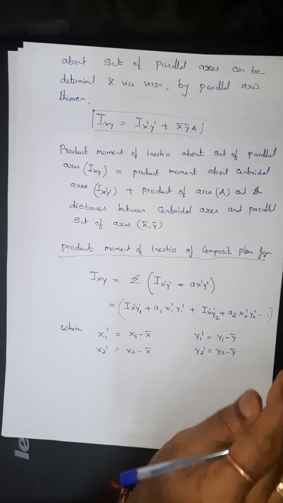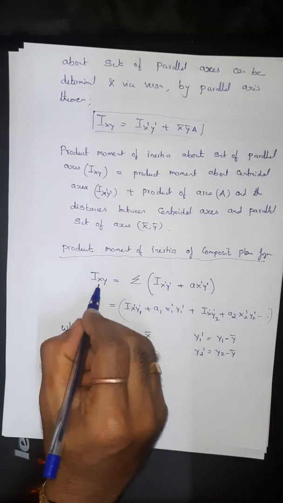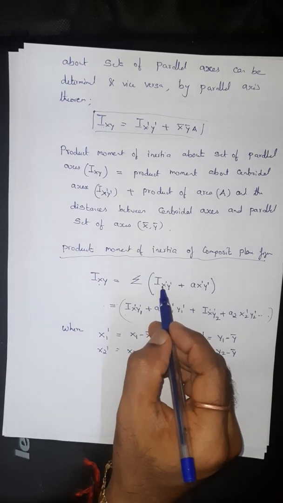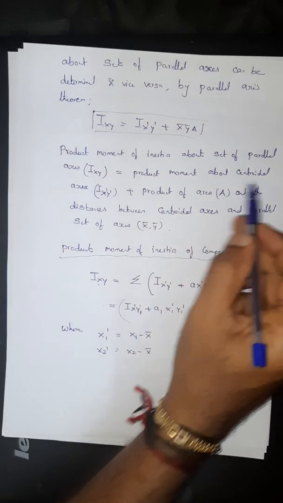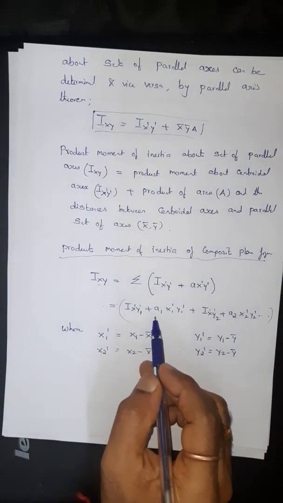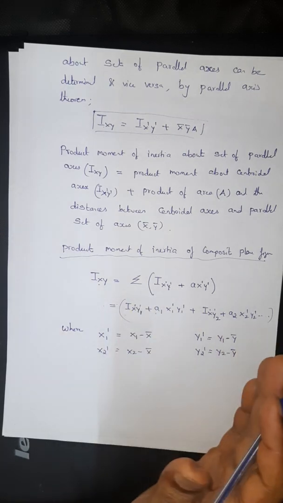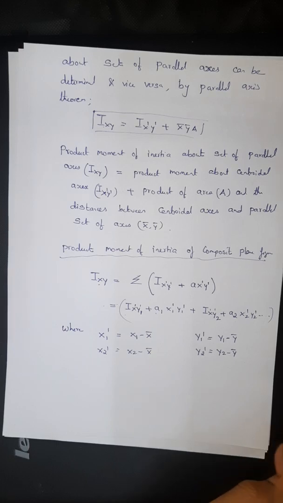Got it? So this Ixy is the product moment of inertia about the set of parallel axes, and Ix dash y dash is the product moment about the centroidal axis, and the area has been split into simple figure components, isn't it?